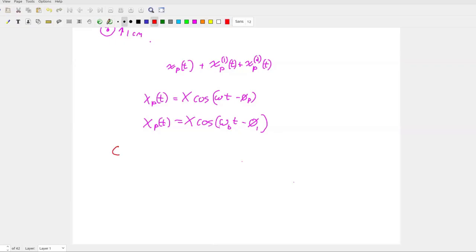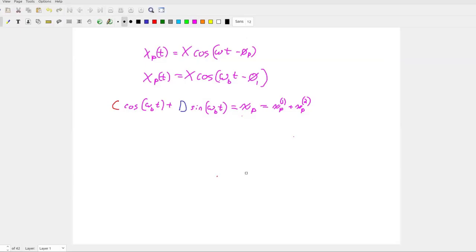Remember that we had c cosine of omega bt plus, I think I had blue, d sine of omega bt equals x of p, which is our particular solution, which is equal to x of p1 plus x of p2, which is what we've defined for our solution because we're dealing with linear systems and we know we can break it apart. Now I need something for x of p1 and x of p2.